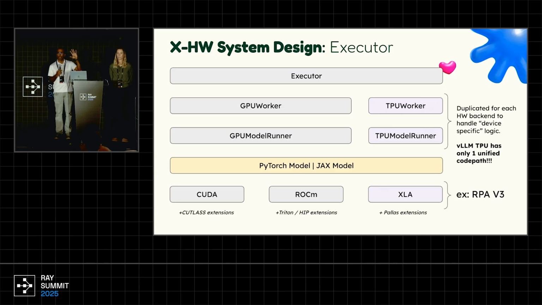Let's look at how vLLM is designed for GPUs, and what the hardware pieces are. We maintained the same abstractions, inherited the same classes, and extended the corresponding hardware functionalities that are needed. In this case, that's the TPU worker and TPU model runner, and underneath we provided XLA functionalities with Pallas extensions. So this is a quick high-level overview.